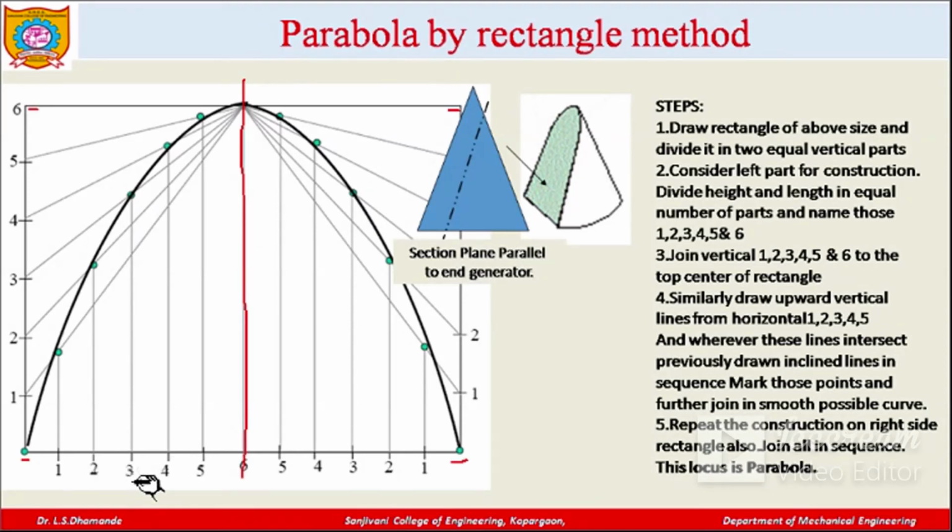Whatever this distance is, half of the width or length, we have to divide into equal parts. Suppose I make 6 parts of this, similarly the same number of parts have to be made of this particular height.